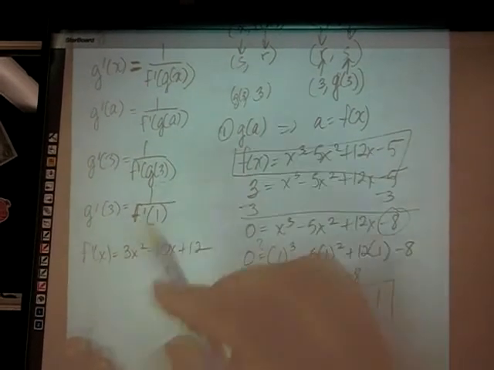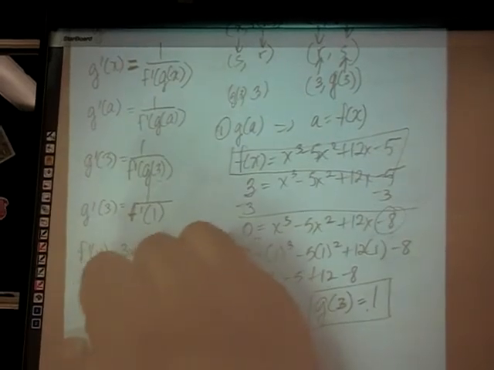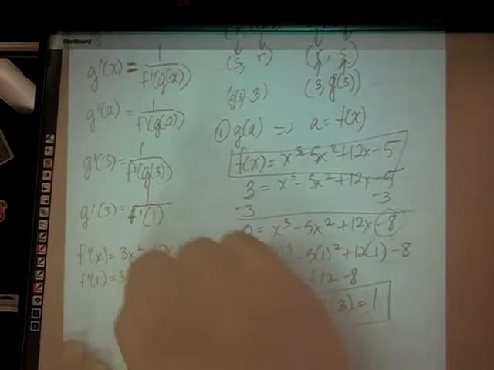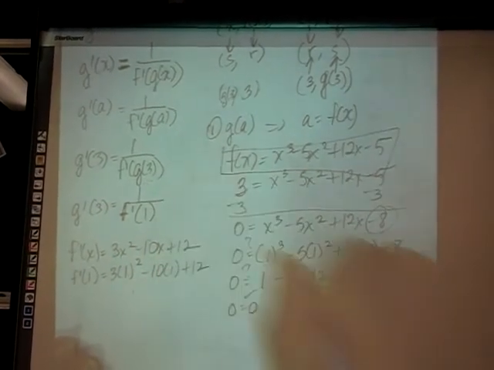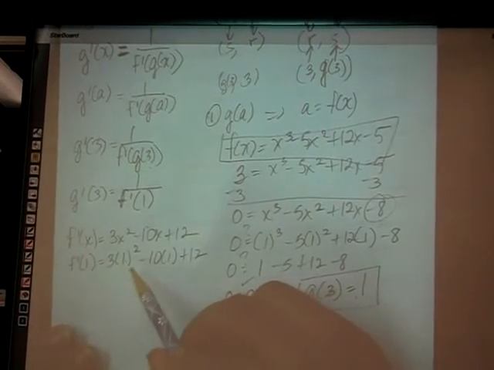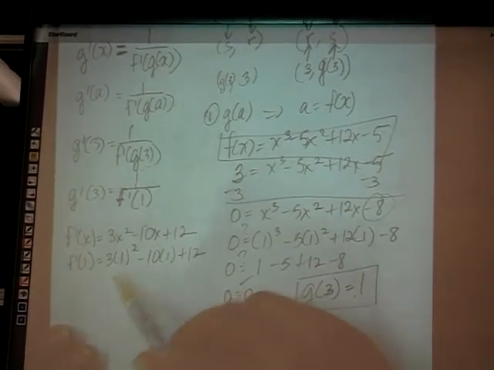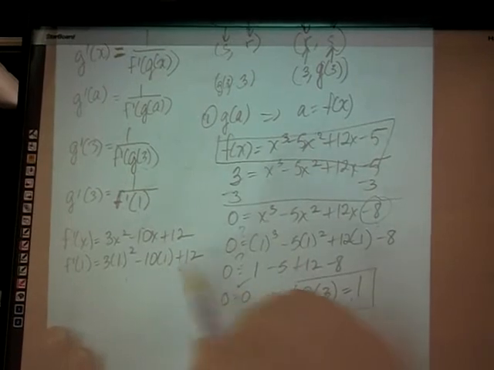Now finding f prime of 1 just means to plug in 1 wherever I have x. So f prime of 1 is 3 times 1 squared minus 10 times 1 plus 12. 1 squared times 3 is 3. Minus, of course, 10 times 1 is 10, so that's 3 minus 10. That's a negative 7.